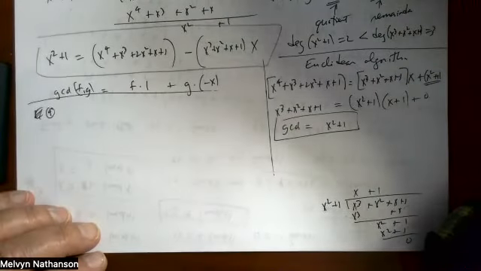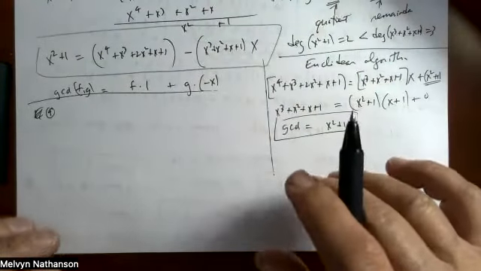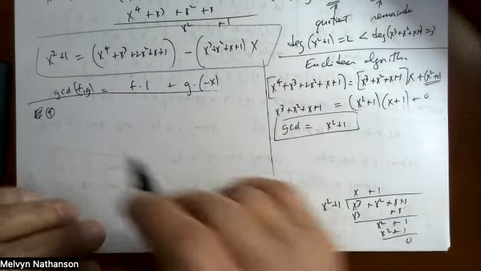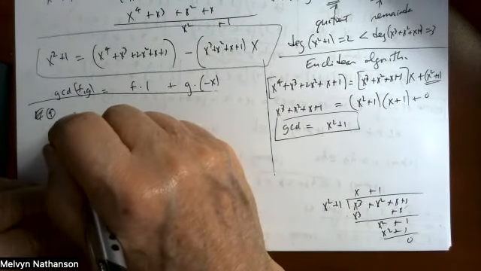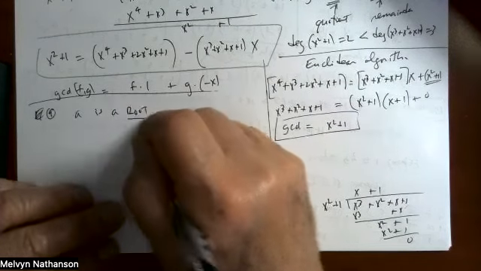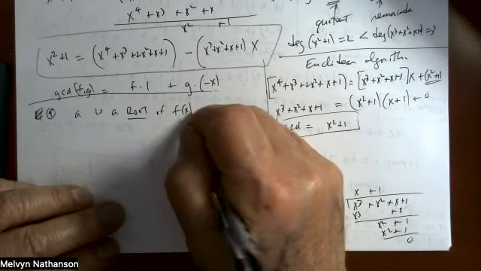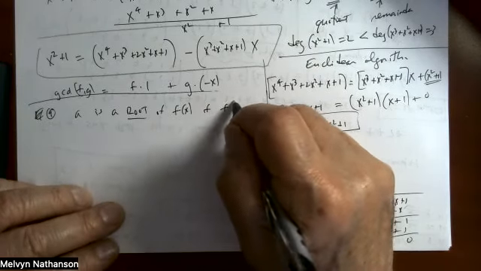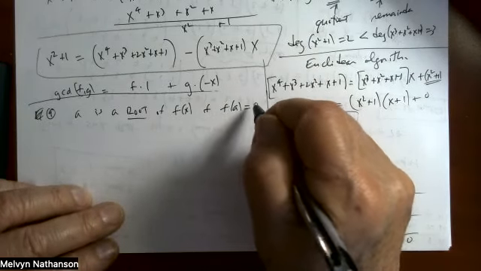Problem 9, the last problem, is to define the root of a polynomial and prove something about it. So the number a is a root of a polynomial f of x if f evaluated at a is 0.